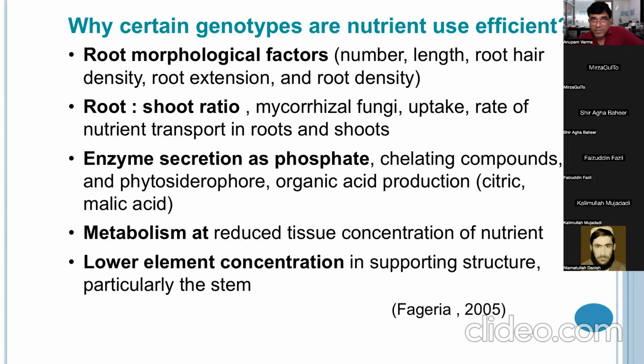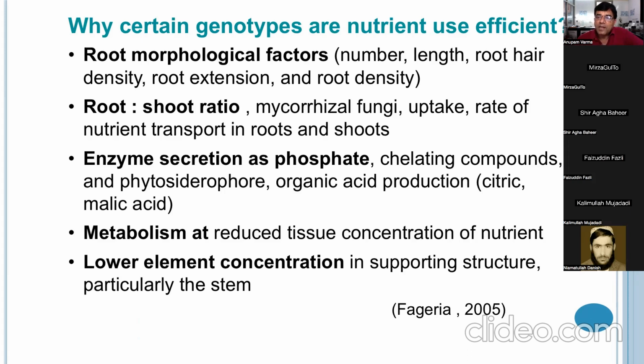So what is happening? These AM fungi have a very interesting association with the plants, and they act as a network. They act as a bridge between two plants, particularly dissimilar plants. Suppose you have intercropping of maize and cowpea. The roots of maize and cowpea will be connected to each other through the mycorrhizal hyphae, through the AM fungi.